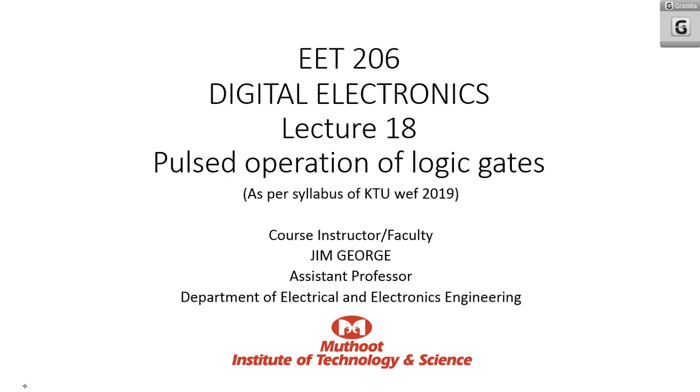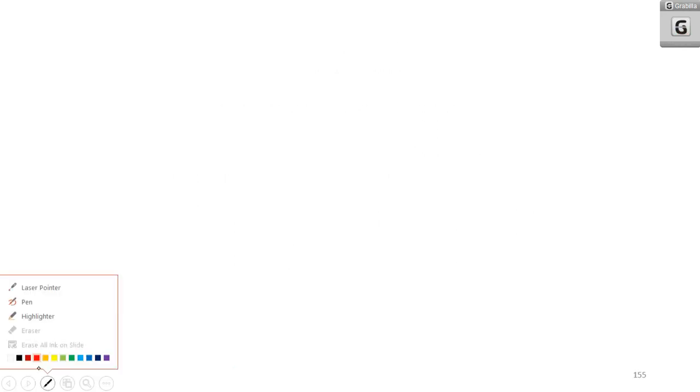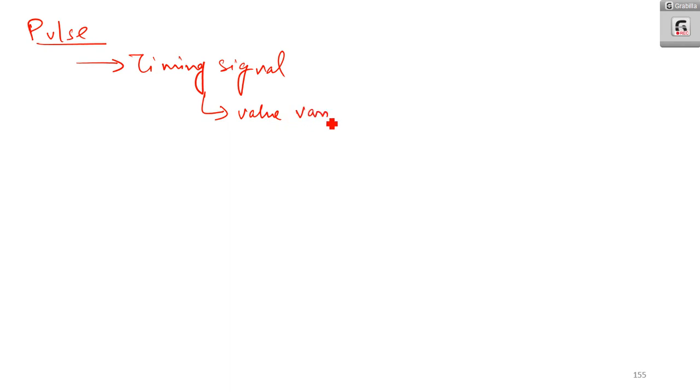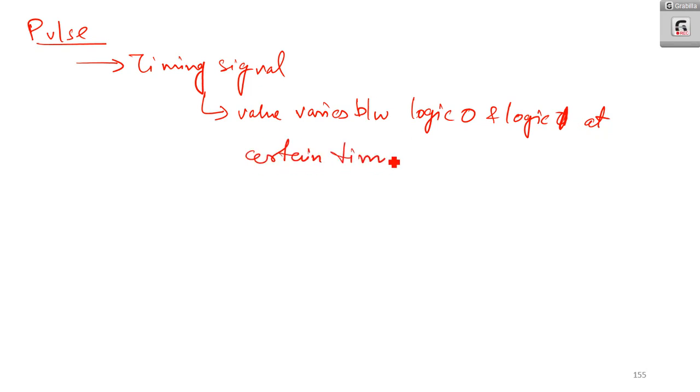So before going into pulsed operation, what is meant by pulse or pulse time? Pulse means it is basically a timing signal whose value varies between logic 0 and logic 1 at certain time instances.